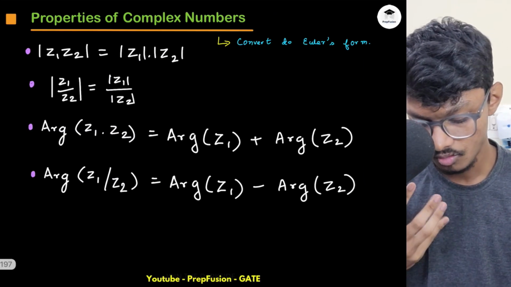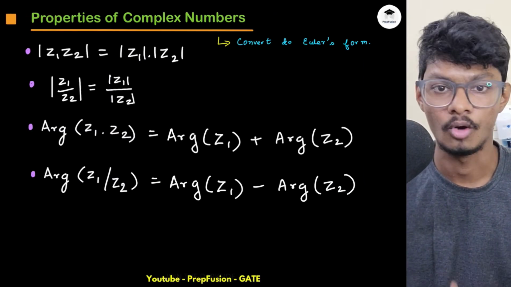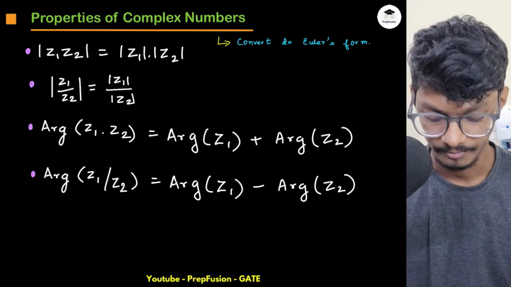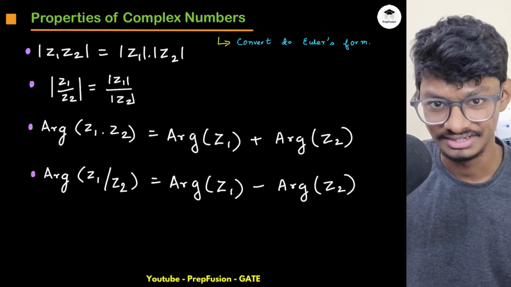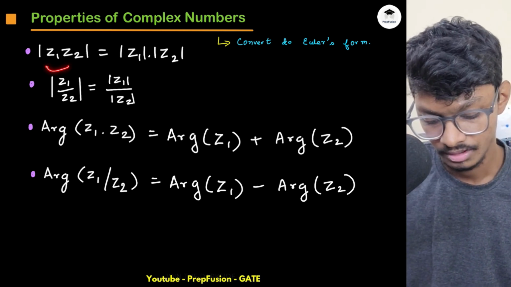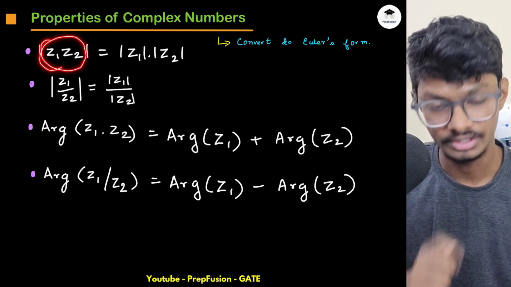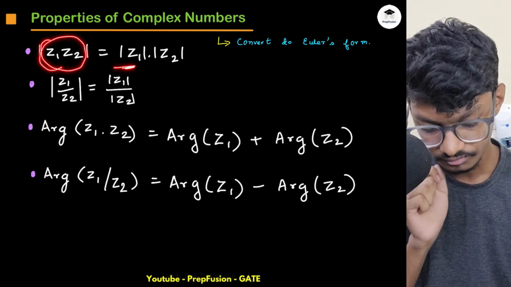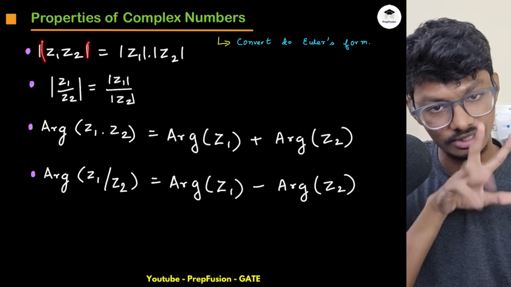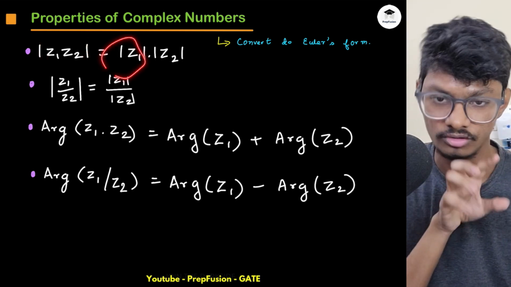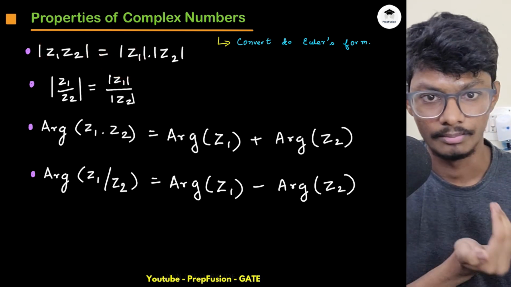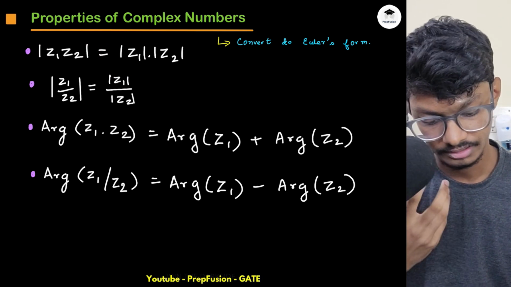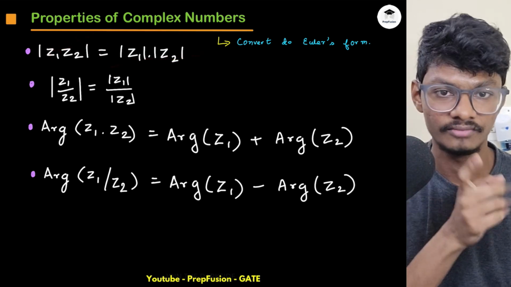Okay, now let's understand the properties of complex numbers. We have already learned this, and we are doing it again. The product z1 z2: if I take the mod of this, I can individually take the mod of each of them and then multiply the mods. While doing this, you can convert it into Euler's format.